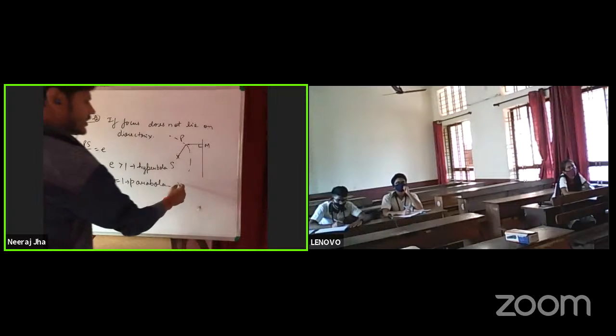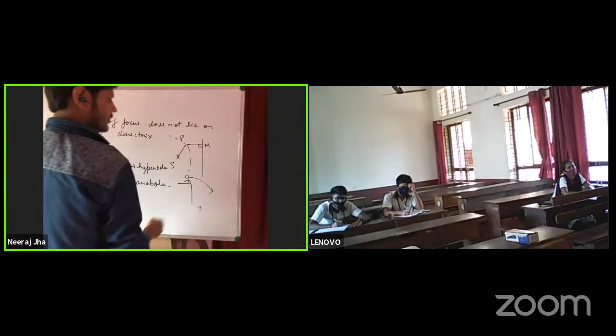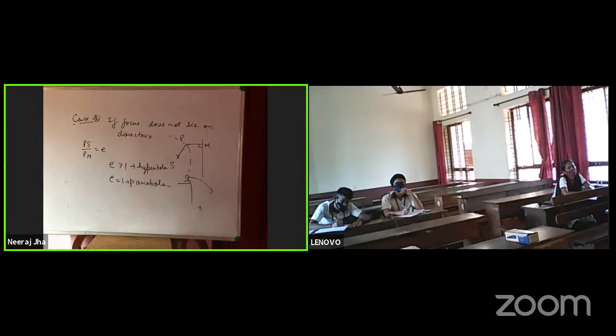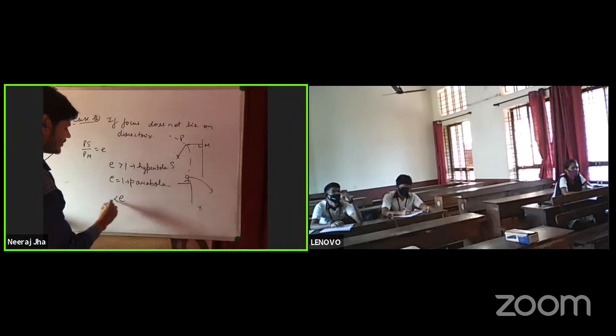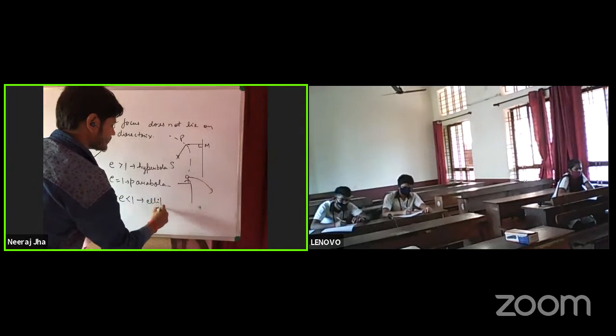This is a parabola. And eccentricity between 0 and 1 will be an ellipse.